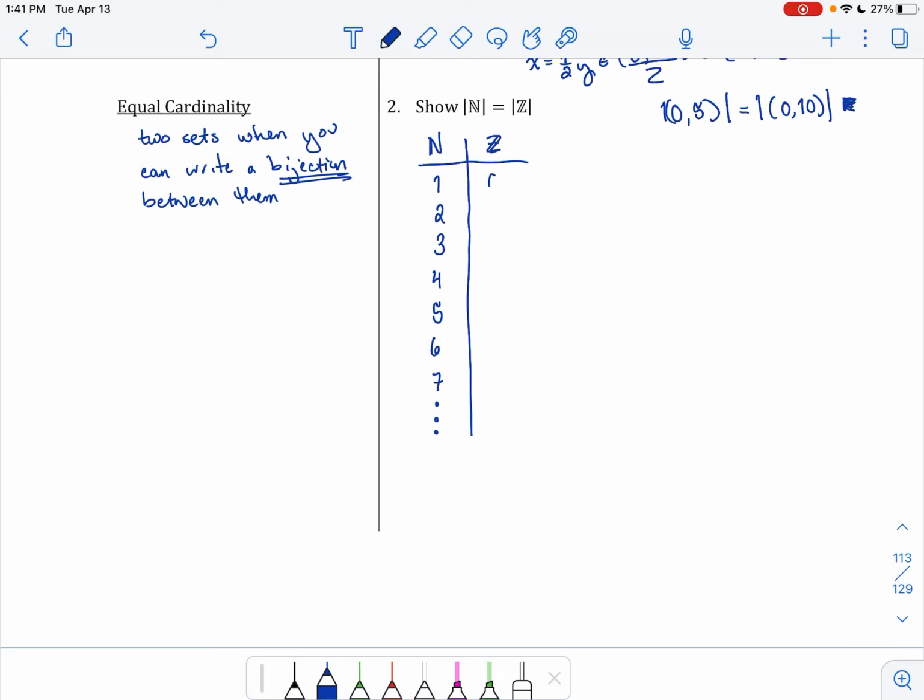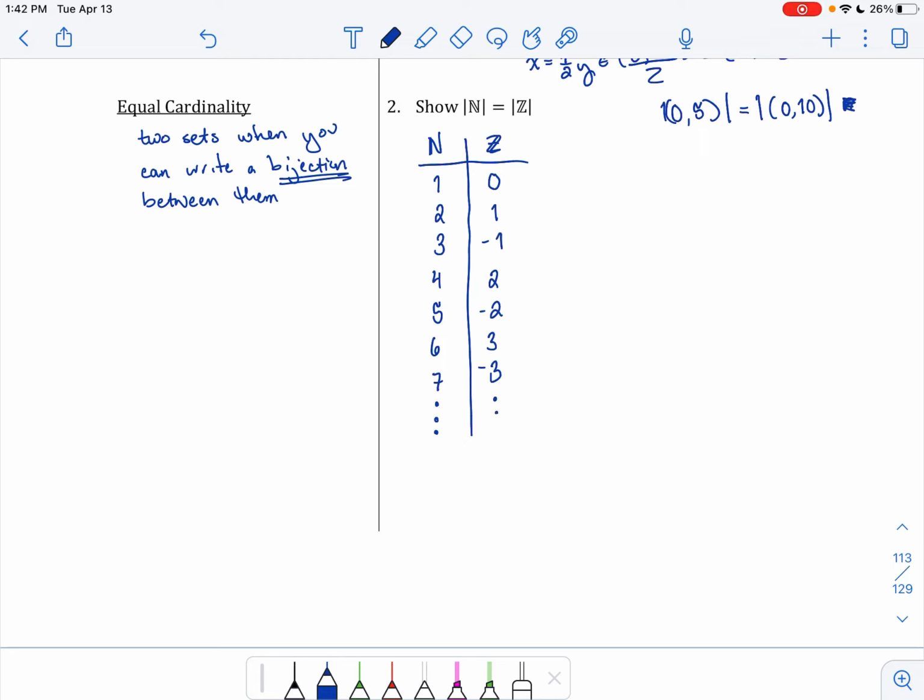So I'm going to start with 0. After that, I might say 1, and I don't want to go to 2 next because then I'm losing my negatives. So I would then say, okay, well, next will be -1. Then 2, -2, 3, -3, and so on.